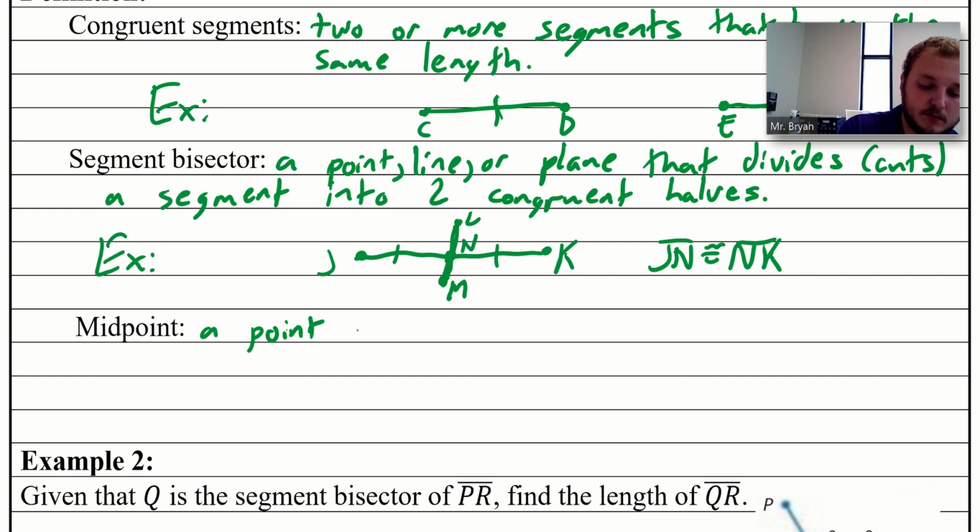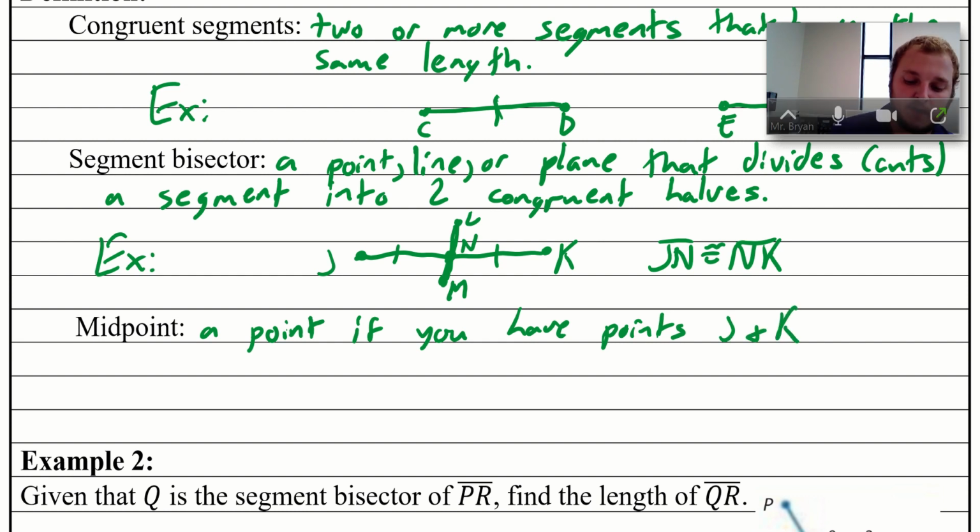If you have points, we'll say same ones as last time, J and K. If you have points J and K and JM is congruent to MK, and again, just like the last definitions, we'll draw a diagram with this.